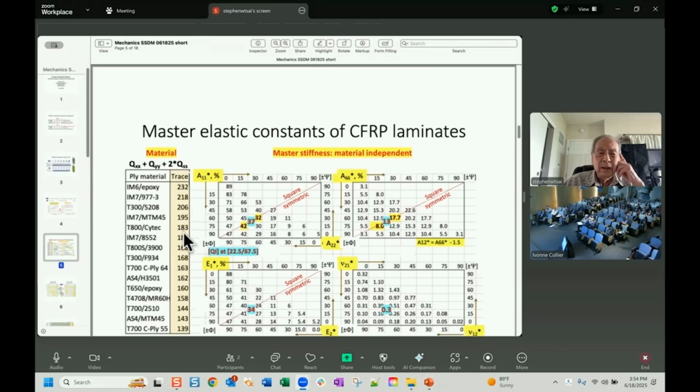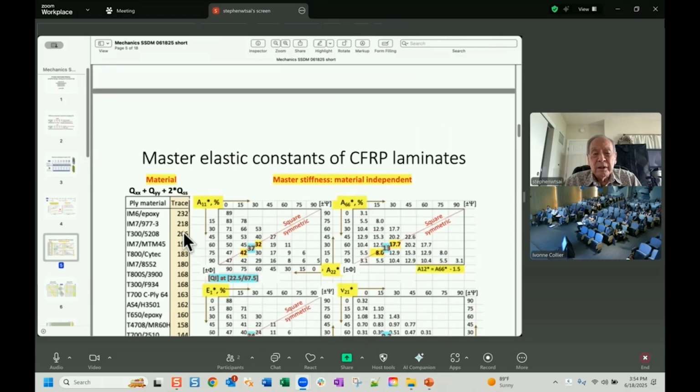So materials and laminates are much simpler, and they are uncoupled, so that when you measure properties, you don't need to measure all materials and all laminates. In fact, you only need to measure one material and one laminate, and you can scale all the others.